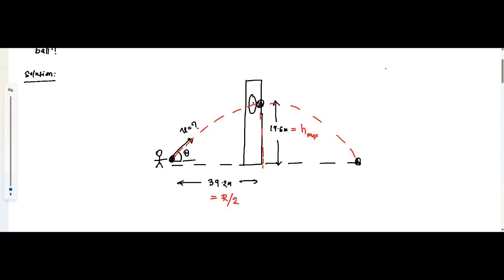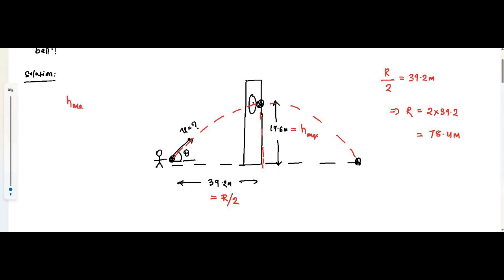So R by 2 is equal to 39.2 meters. That implies the horizontal range is equal to 2 into 39.2, which is equal to 78.4 meters.